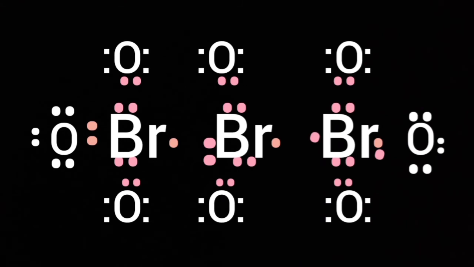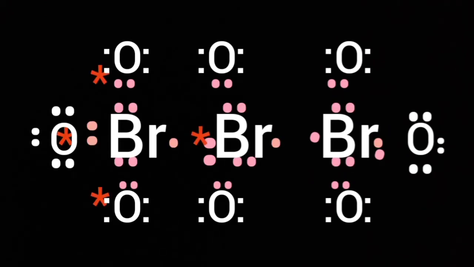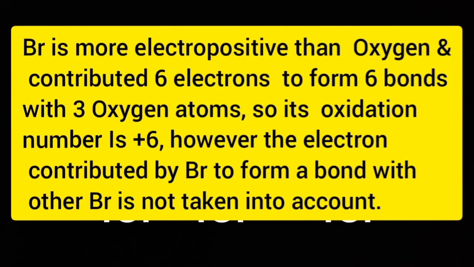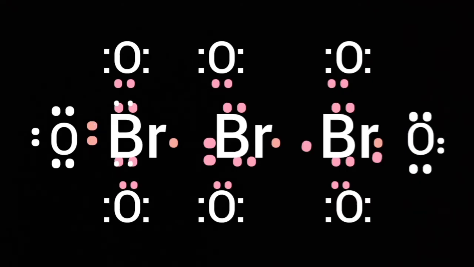Bromine contributed 7 electrons to establish 7 bonds with 3 oxygen atoms and 1 bromine atom in case of the first bromine. But the oxidation number of bromine is found to be +6 because it is more electropositive, and the 1 electron contributed by this bromine with another bromine is not taken into account. So the number of electrons contributed with electronegative oxygen atoms is 6.